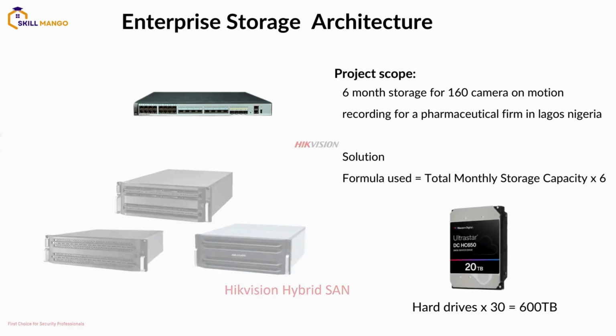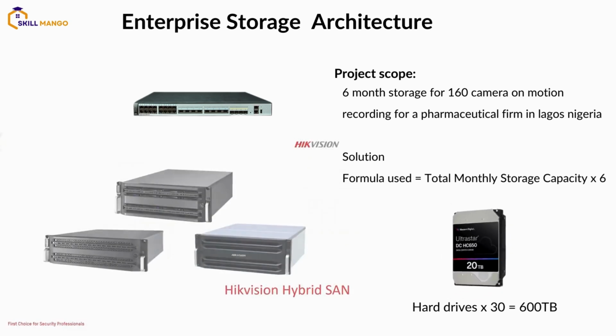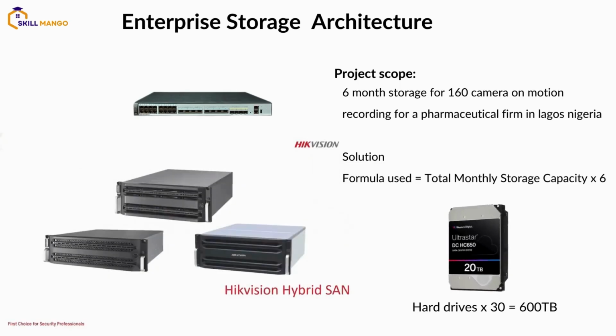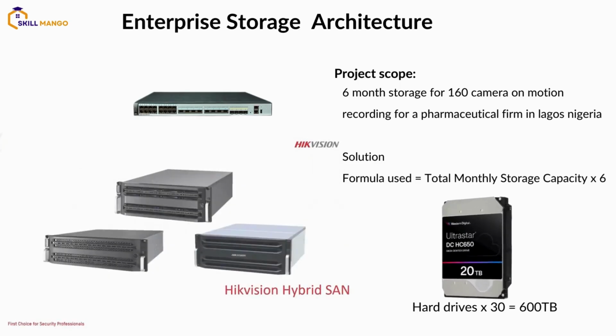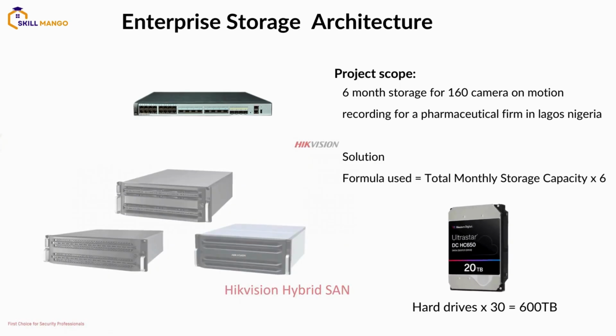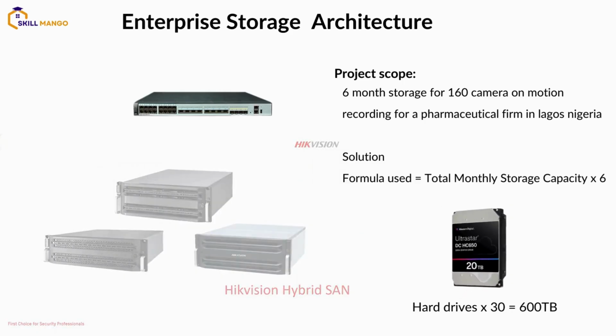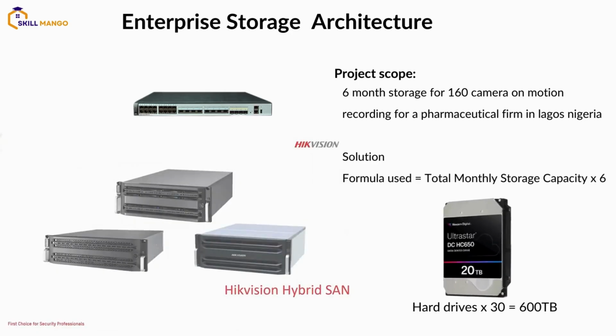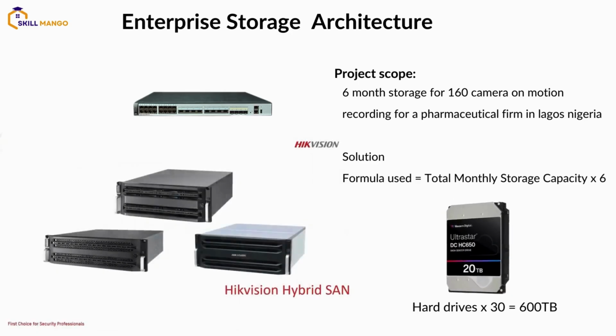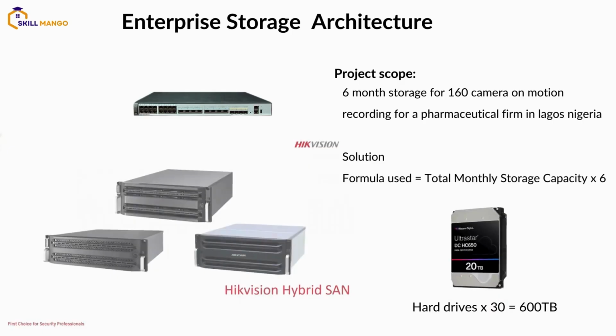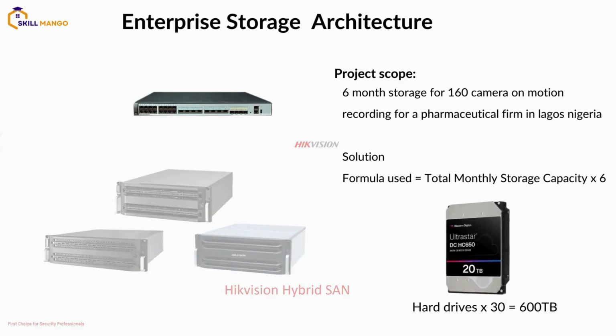By the time we added all their storage together, it gave us 100 terabytes. We now multiply 100 terabytes times 6 months, which is 600 terabytes. And we'll give them this hybrid SAN, with this hard drive, which is 20 terabyte times 30 to give us 600 TB. So that was the solution we offered to them.